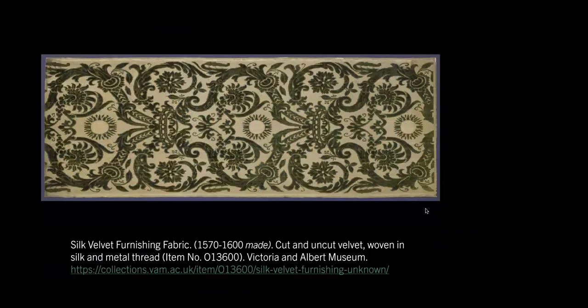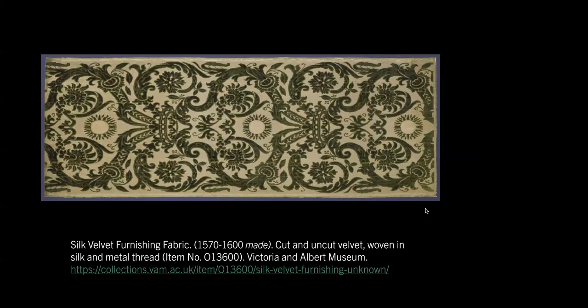Same idea. This is a silk velvet furnishing fabric from around the late 1500s, cut and uncut velvet, and it's woven in silk and metal thread. And this is from the Victoria and Albert Museum, which also has a lot of phenomenal textiles in its collection in London, England.